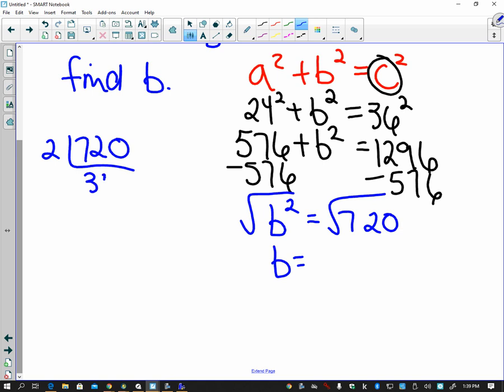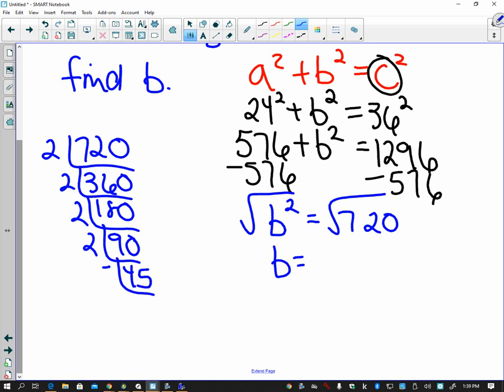You could take 360, divide that by the prime 2, and you'd get 180. 2 would get you 90. 2 would get you 45. 5 would get you 9. And you'd get 3 and 3, right?